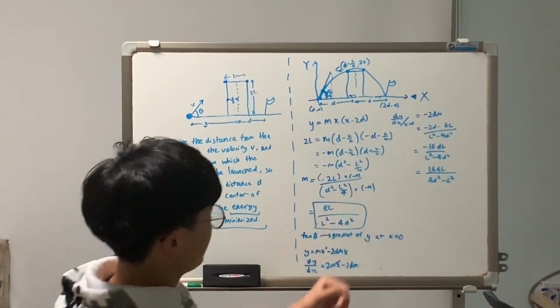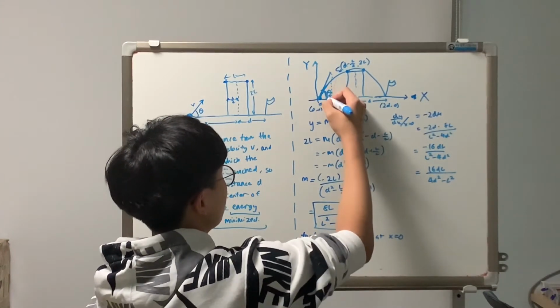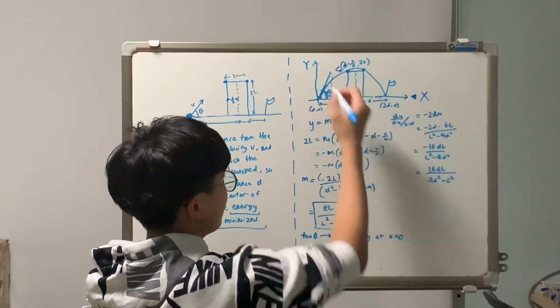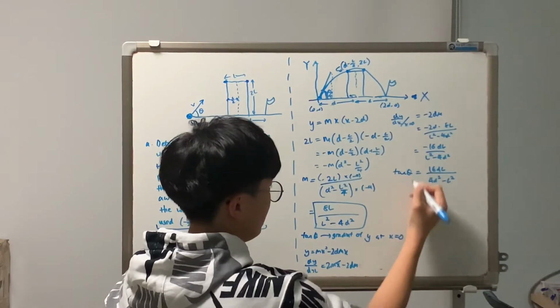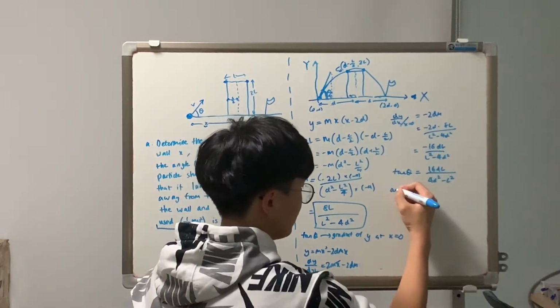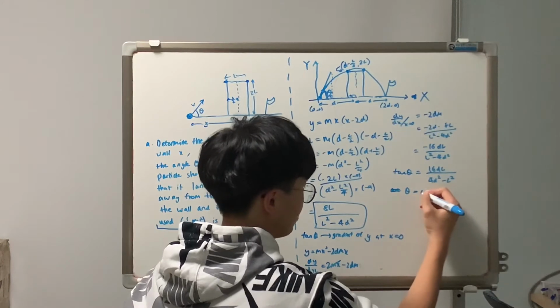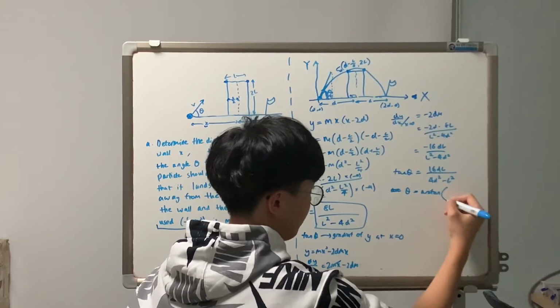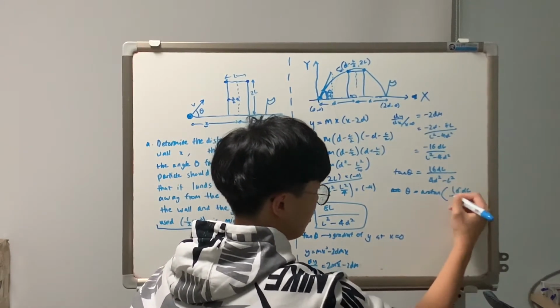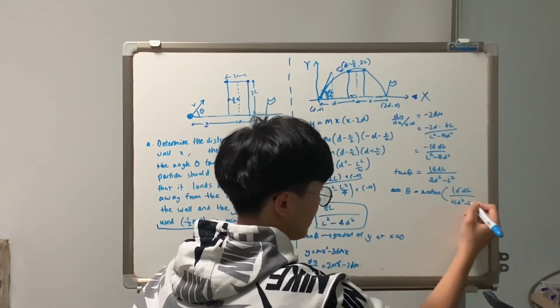Okay, and then we said, because it's the gradient at here, which is tangent theta, we get tangent theta is equal to that. And so arctangent theta would be equal to arctangent 16 dL over 4d squared minus L squared.